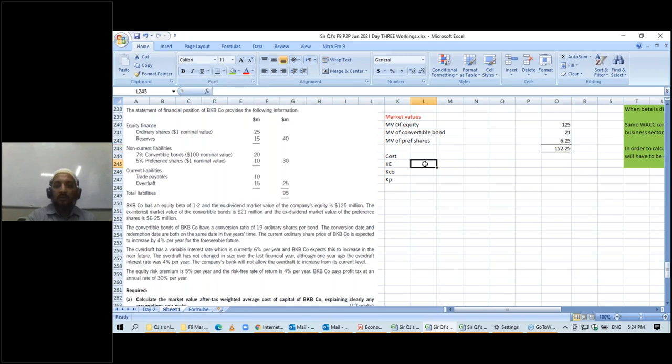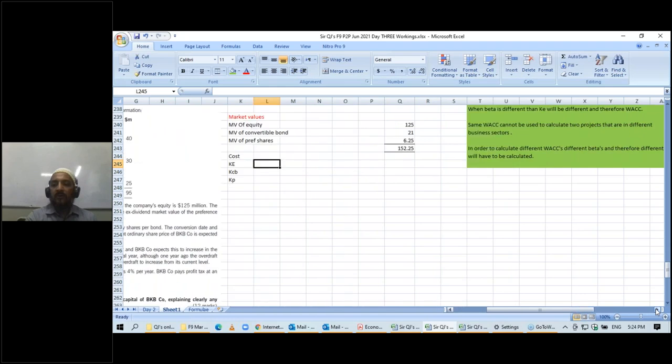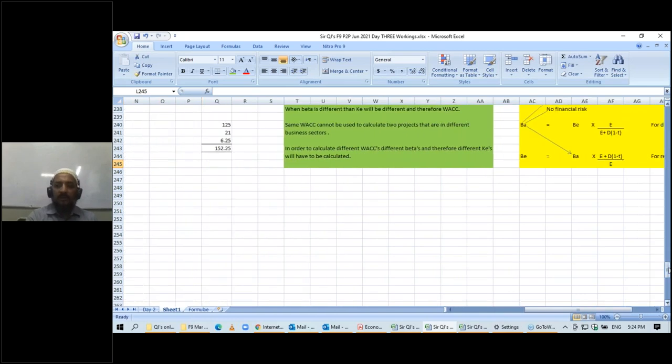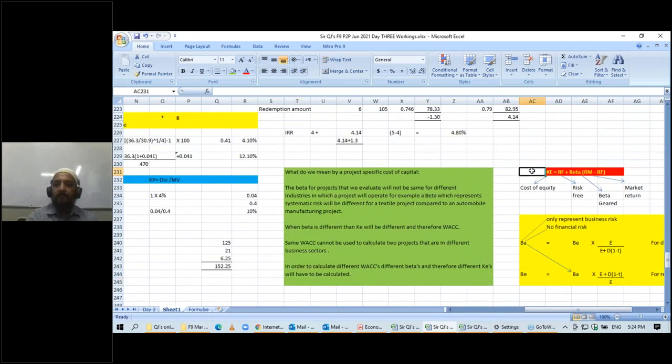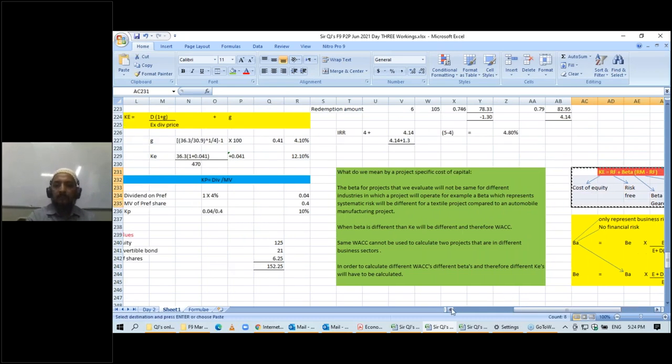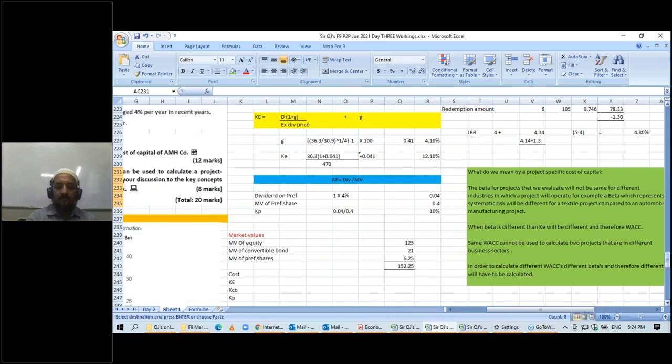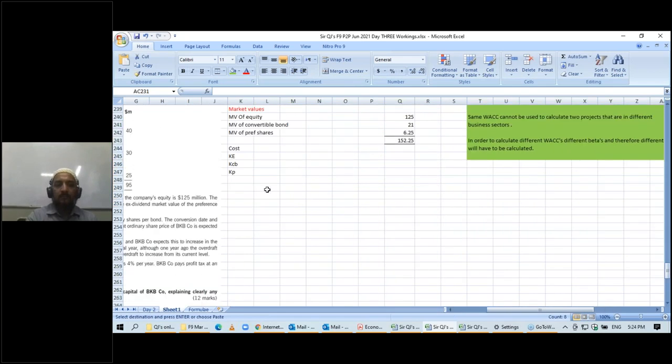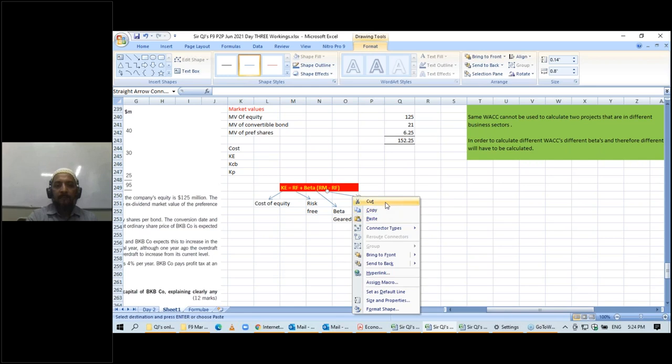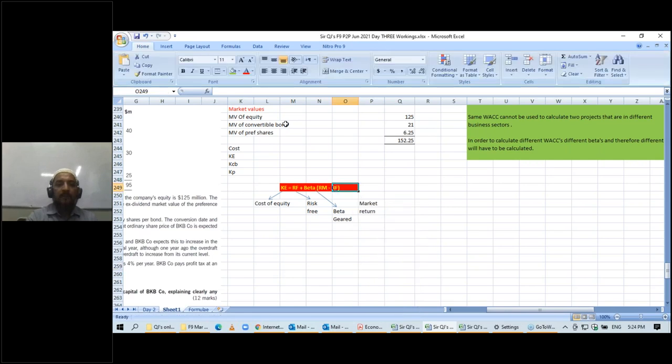Now moving on to the cost. So for cost of equity, you have to use this formula, which I recently explained, the CAPM formula. So instead of the market return and risk-free rate, they have given you the risk premium.